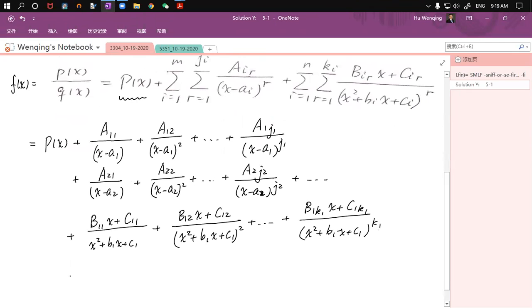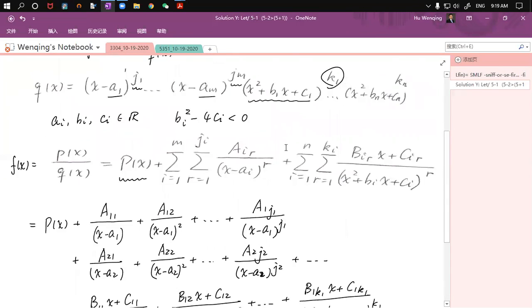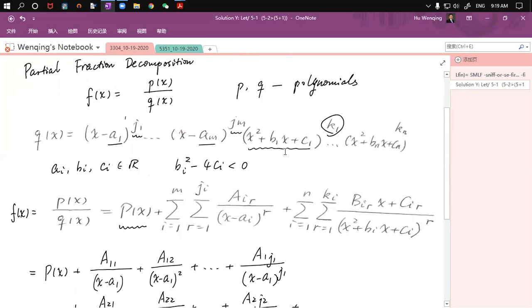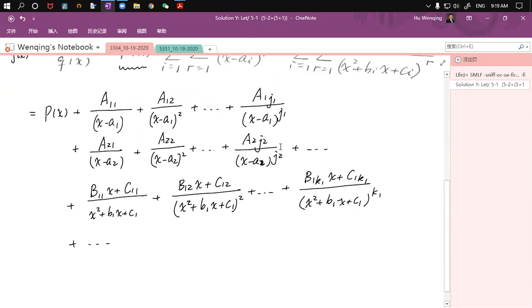Similar thing for the second and third, in each of these contributing factors in the quadratic part of this decomposition. Is that good for everybody? So this is exactly what we call the partial fraction decomposition. There are two things you must remember. The first thing is that the numerator is one order less than the denominator.